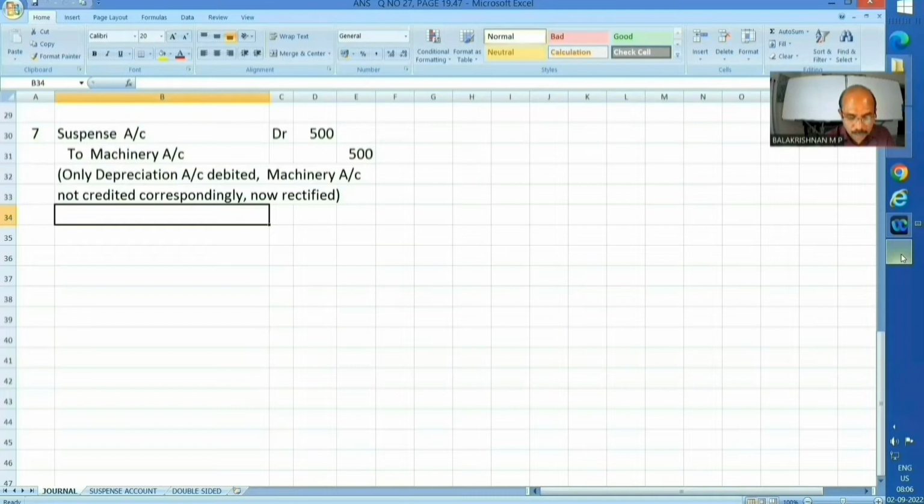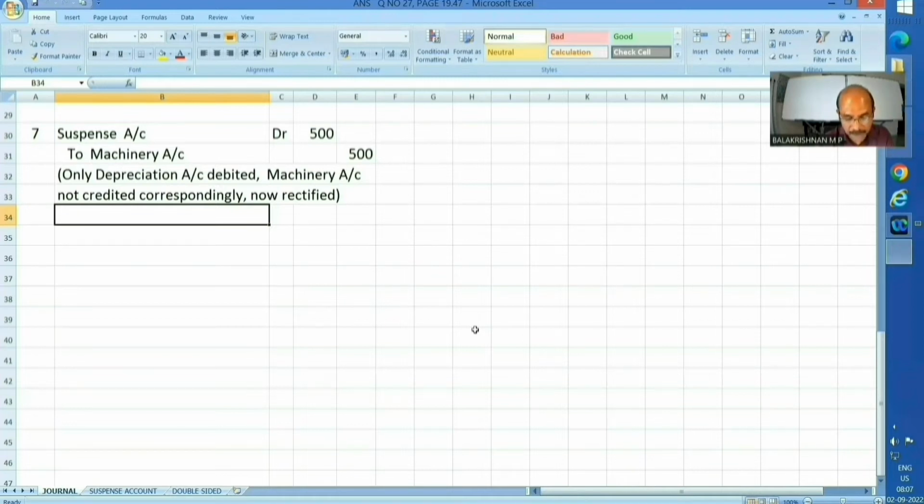A sum of rupees 500 written off as depreciation on machinery was not posted to machinery account. It is clearly a case of single-sided error because depreciation is written off, debiting the depreciation account and crediting the concerned asset account. So here the proper entry should have been depreciation account 500 to machinery account 500.